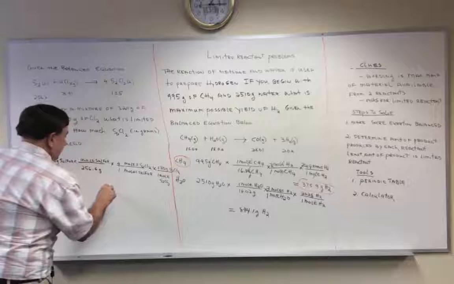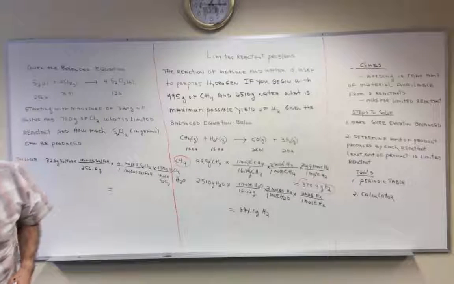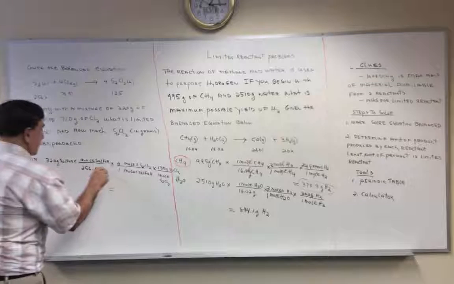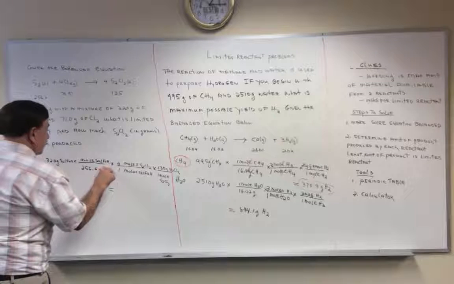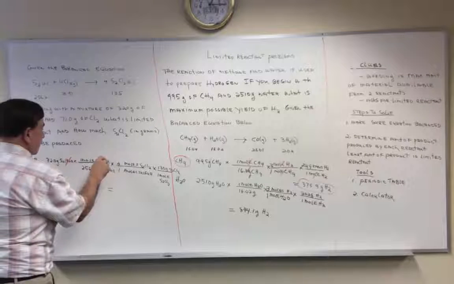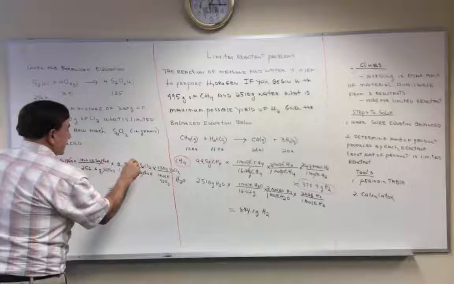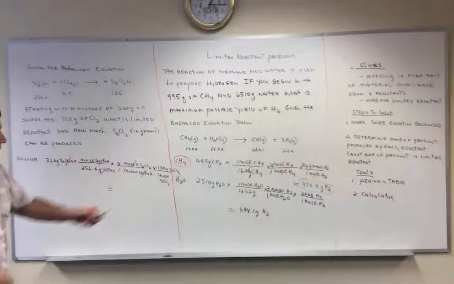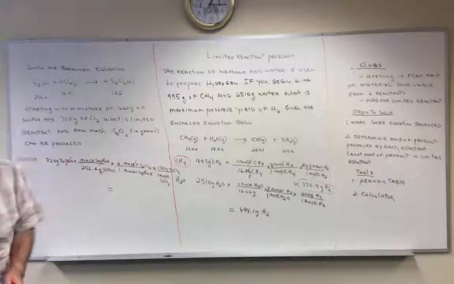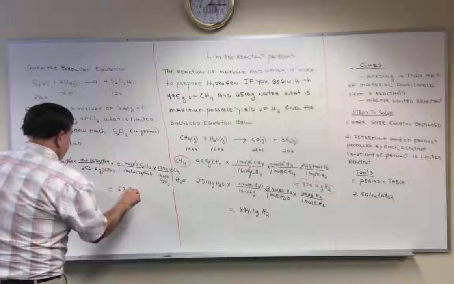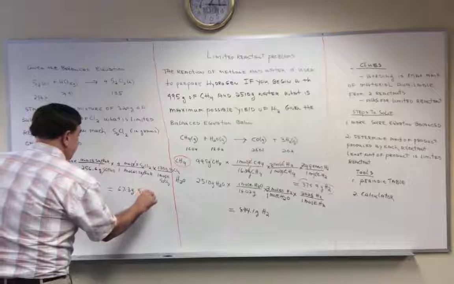And then when we multiply this out, again, remembering to do this correctly, these units must cancel. So this has to cancel with this. This has to cancel with that. And we get S2Cl2. And that number is going to be 67.3 grams of S2Cl2.